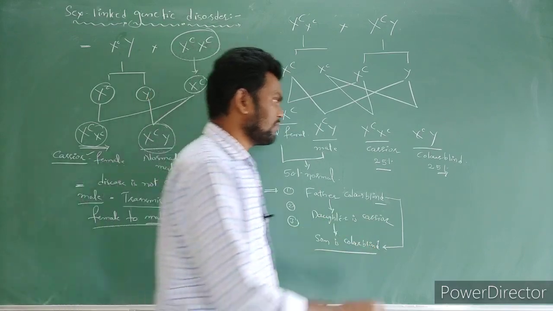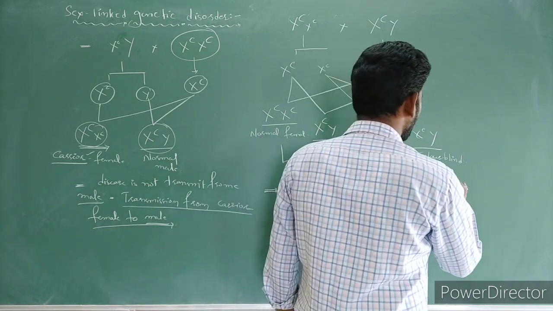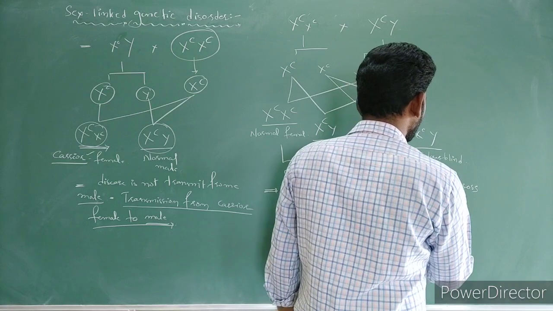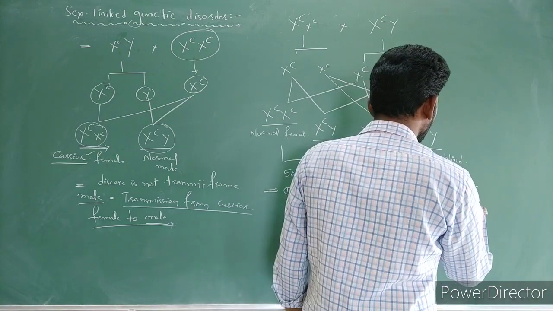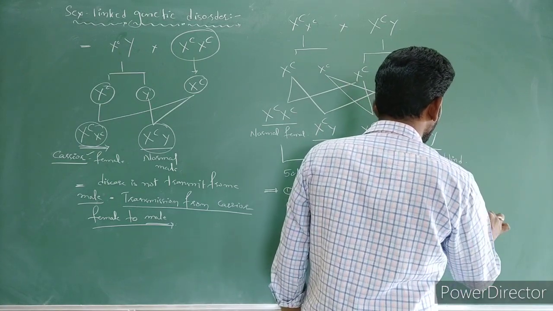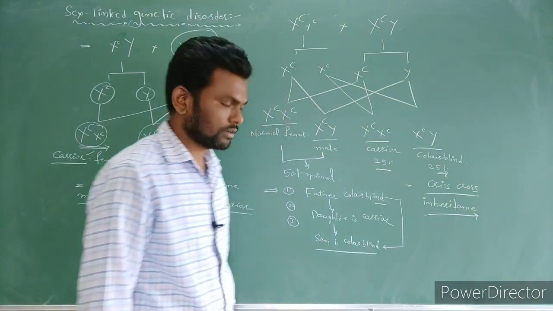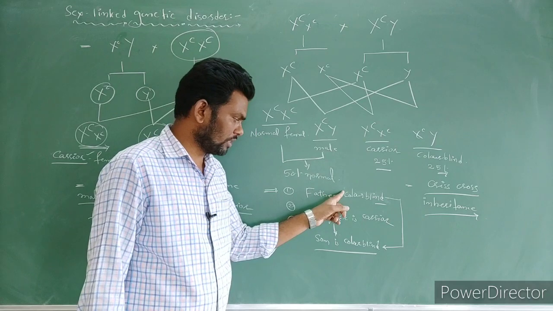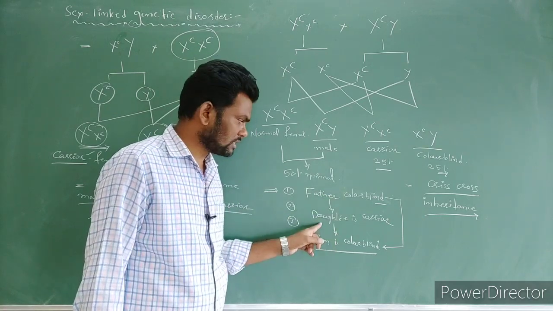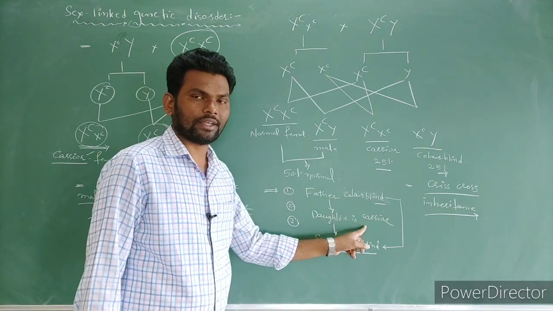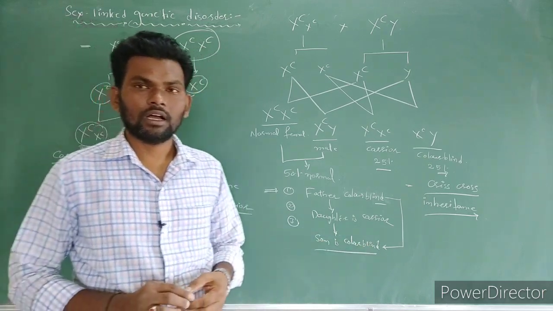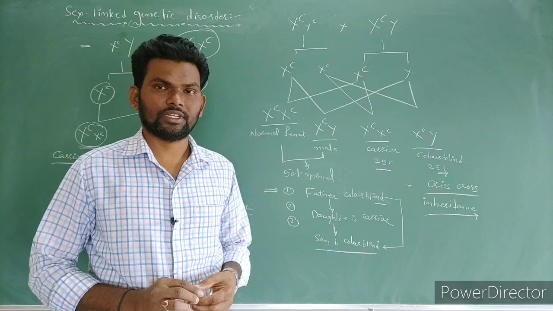Okay, so such type of inheritance is called criss-cross inheritance. Got the point or not? The disease is transferred from grandfather to grandson through his carrier daughter. So this is the entire information regarding sex-linked recessive disorders.